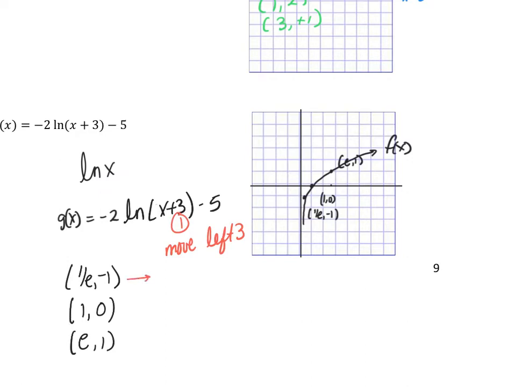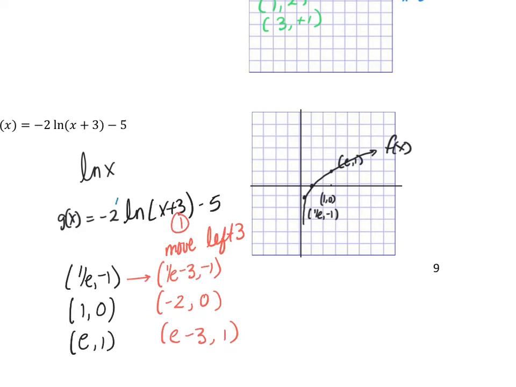So I'm going to take all of my x values and subtract 3 from them. So this goes to 1 over e minus 3 comma negative 1. I have 1 minus 3, so negative 2 comma 0. And then e minus 3 comma 1.